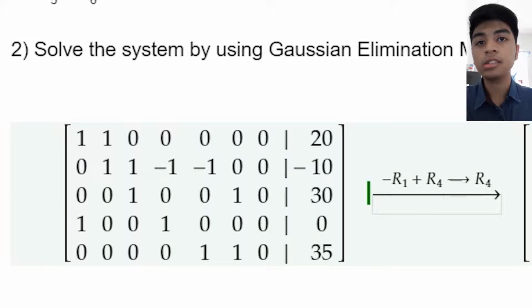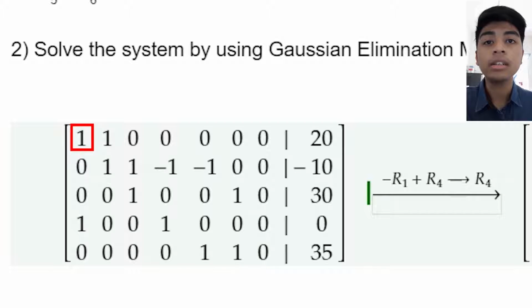From the augmented matrix, we can see that the first non-zero entry is 1. So this is the leading one for the first row. Then the next step, we need to make sure that everything below the leading one is 0. From this matrix, we can see that there is a 1 at row 4.